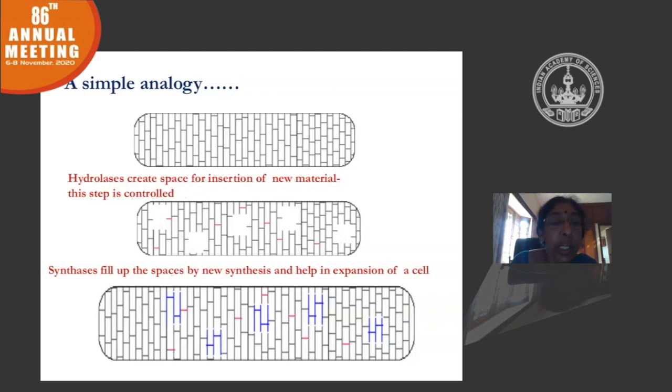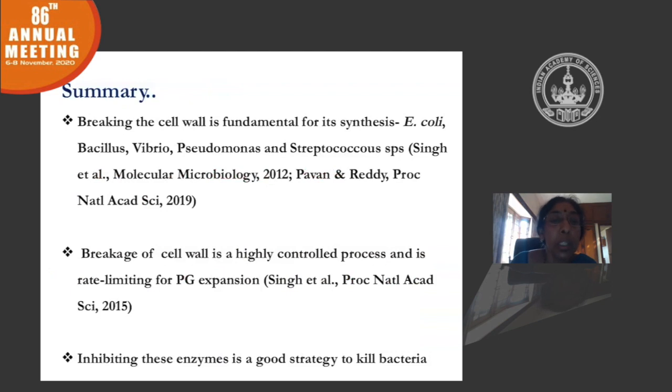Now, this again would mean the step of PG hydrolysis is extremely controlled, and this is rate limiting, because once hydrolysis is initiated, it cannot go back and it has to go only forward. So now to summarize, what we have shown is that cell wall hydrolysis is fundamental for its expansion. It rather precedes the synthesis of peptidoglycan growth.